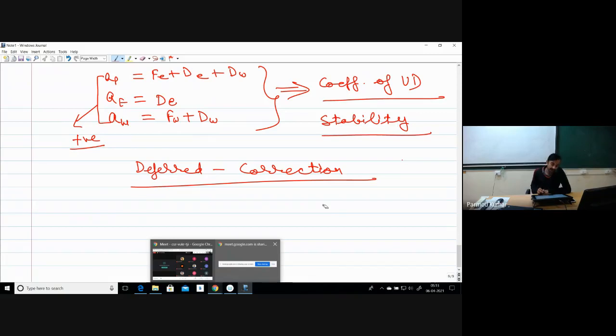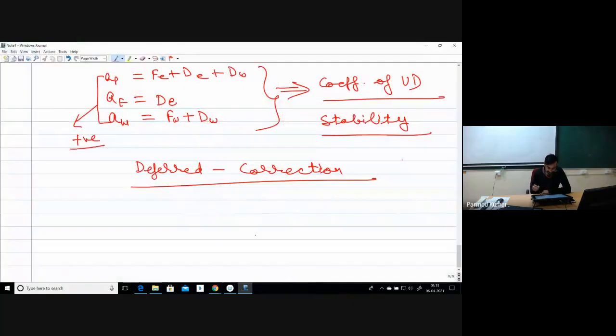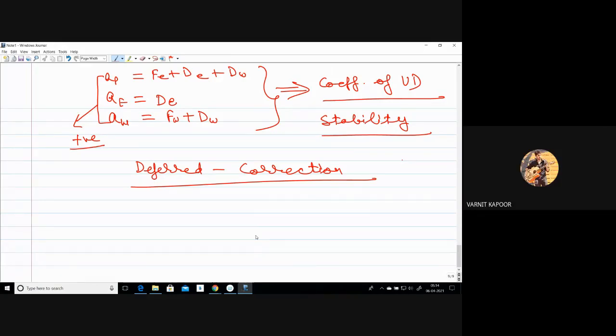So this is how TVD schemes are actually implemented when we employ these for the numerical solution of different convection diffusion problems. So is this point clear? Yes, sir.